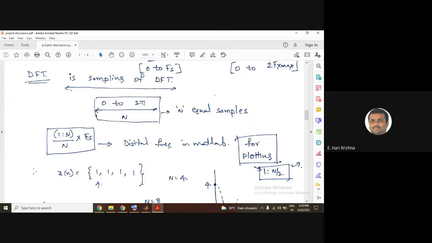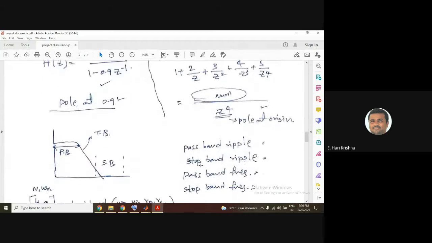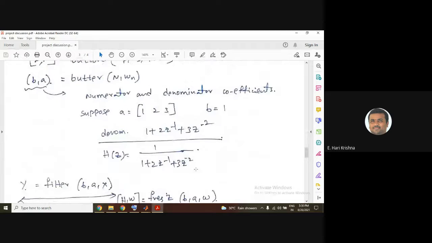This is 1 to N, the total number of samples, but consider only half of the samples. Why? Because the spectrum is symmetric with reference to the origin.